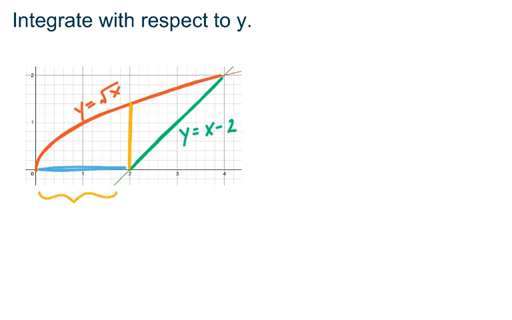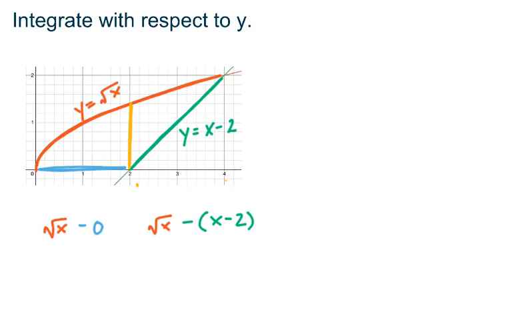From 0 to 2, we had to do square root of x as the above function minus y equals 0 as the below function. And from 2 to 4, we had square root of x as my above minus x minus 2 as my below. So we had to break that into two integrals.